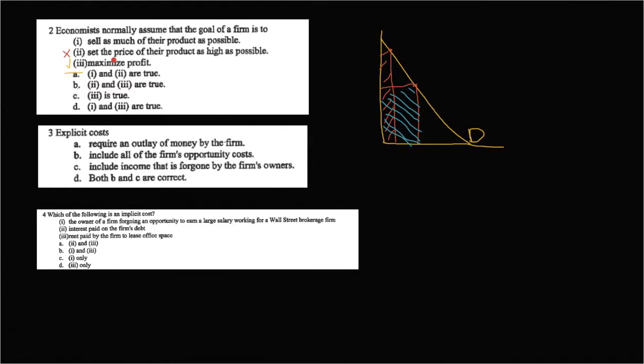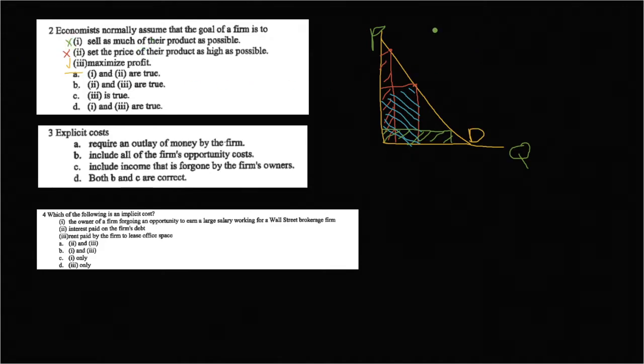And sell as much of their product as possible. This statement is basically the same thing, because I forgot to put Q and P. But this is basically the reversal here. If we put down here, we would be trying to put as much quantity, and the total revenue is not as much as it would be if we tried to do a good mix.